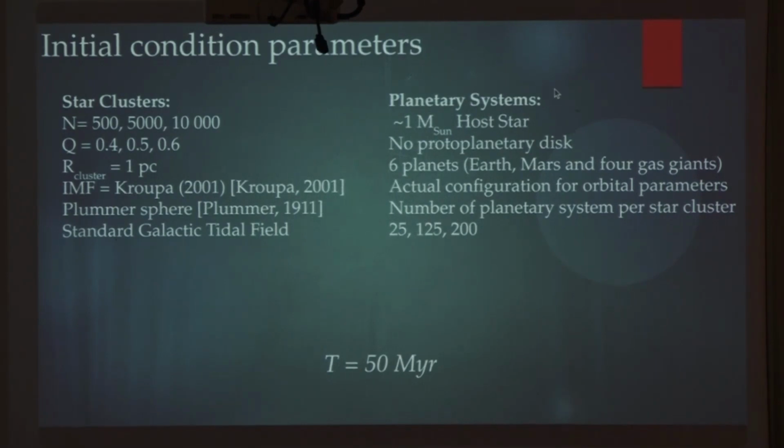Then, for the planetary system, we basically use the same configuration as the actual solar system, and we use a certain number of planetary systems per star cluster depending on their density. And we evolve everything for 50 million years.